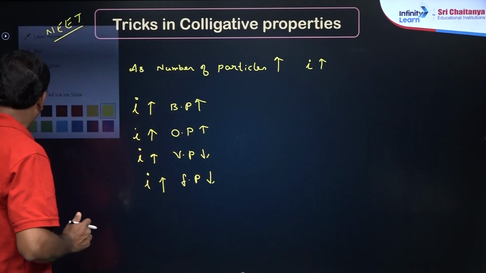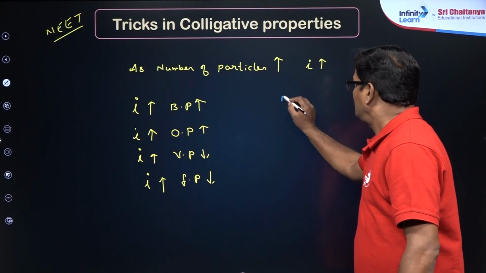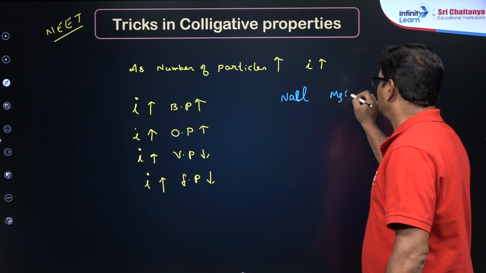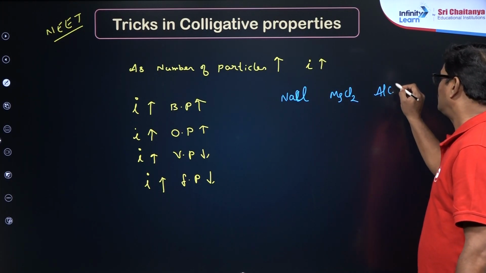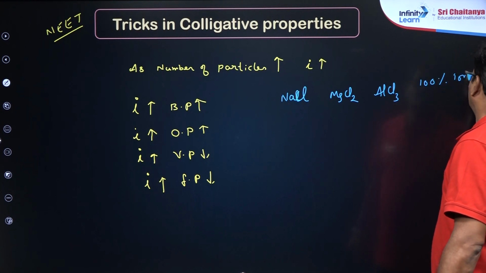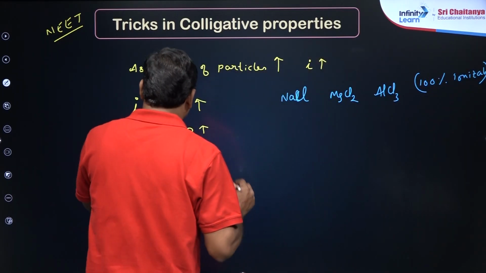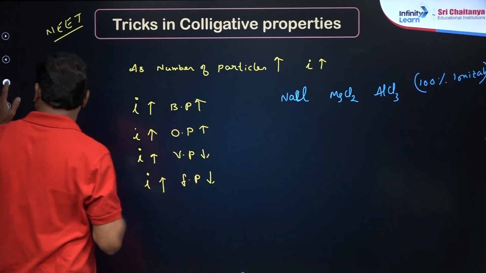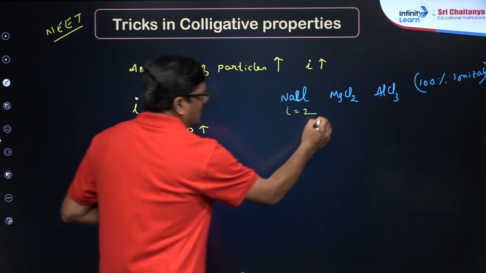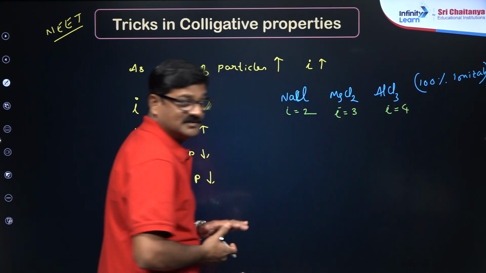Say, I want to take a simple example before I complete the class. You can say NaCl, magnesium chloride and aluminum trichloride, assume there is 100% ionization. So, the i value is going to be 2 for NaCl, 3 for magnesium chloride, and 4 for aluminum trichloride.